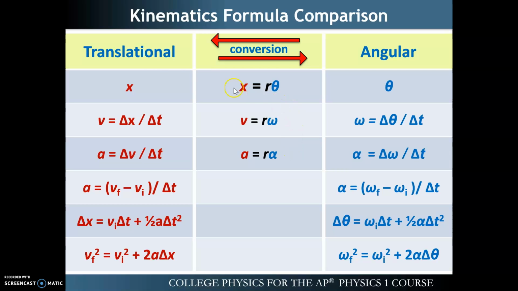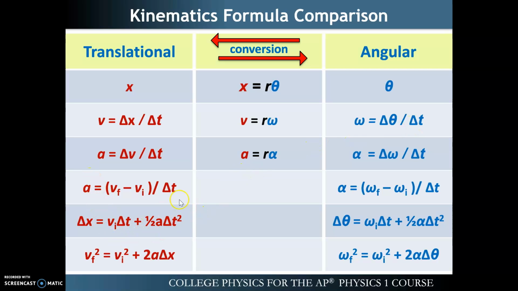So we can use these analogies. For a position x, we have an angular position theta. For our speed, change in position over time, we have angular speed is change in angular position over time, and so on and so forth.